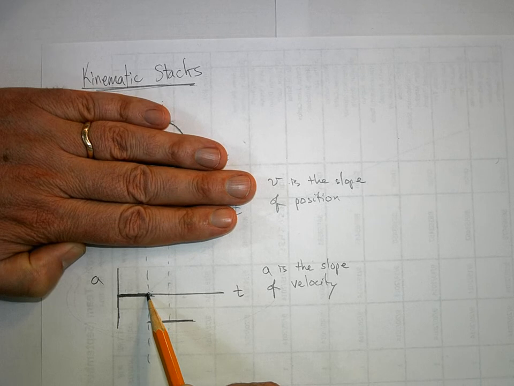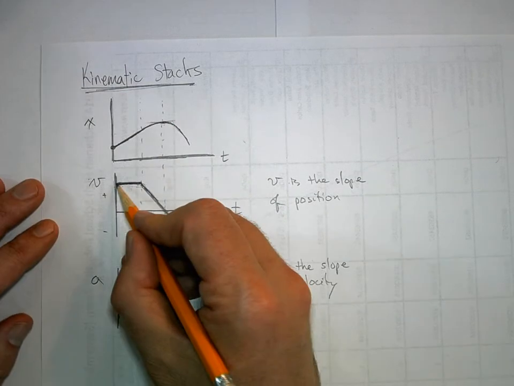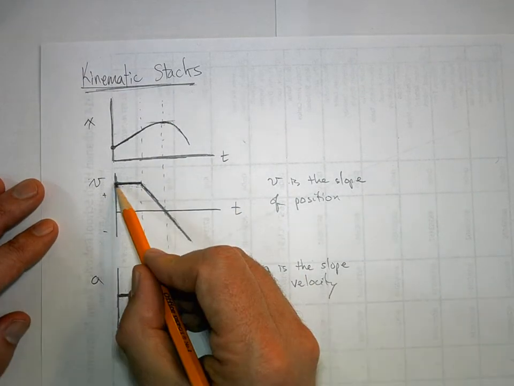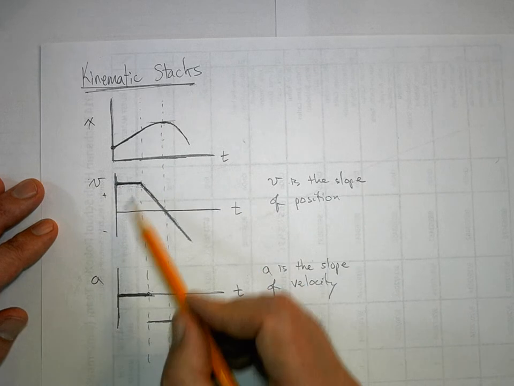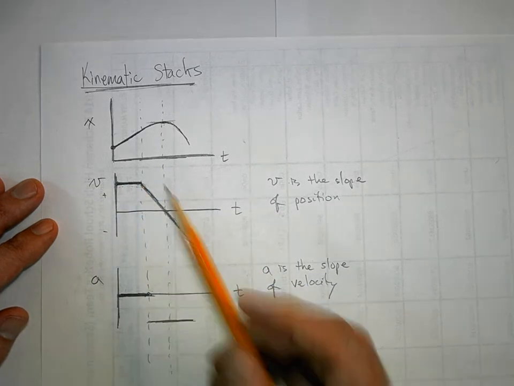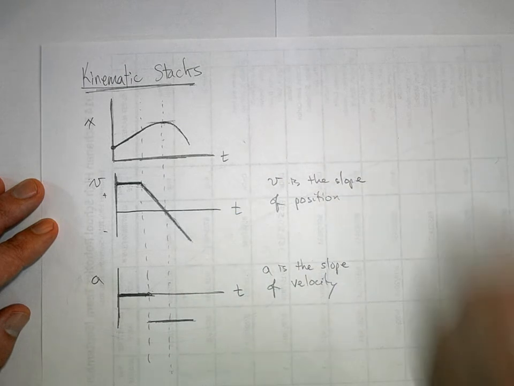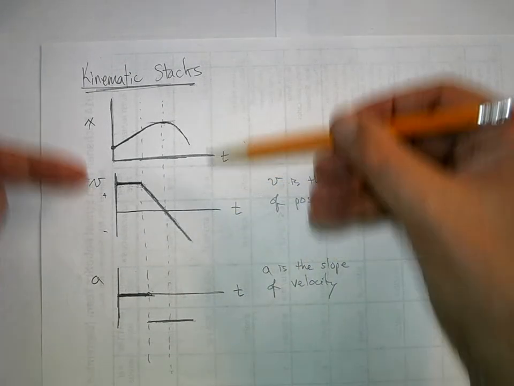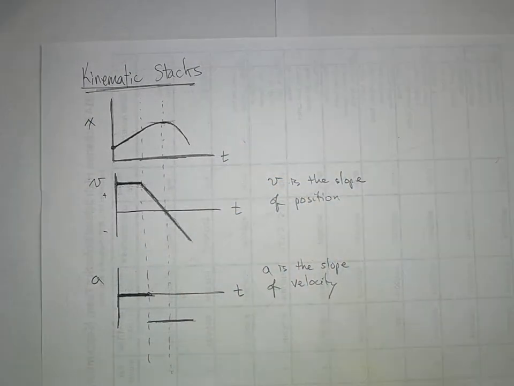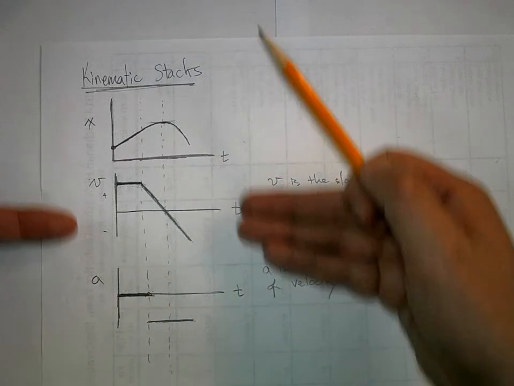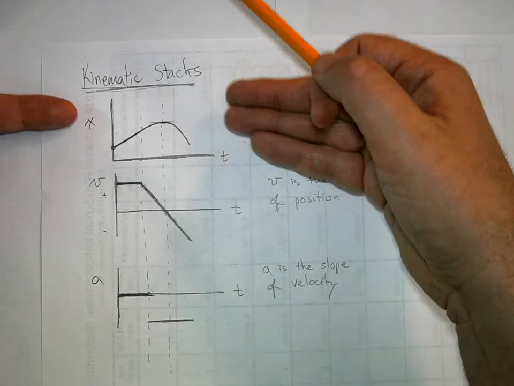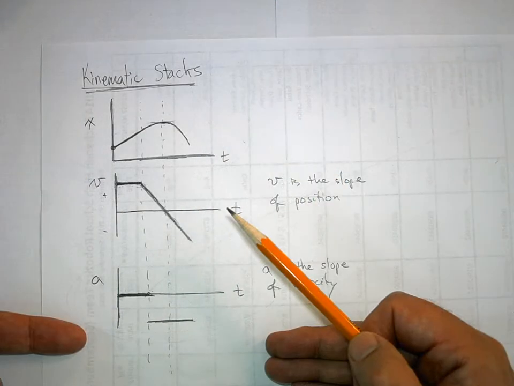So I would have to tell you. If I gave you this graph, I'd have to put a little dot right there and say, okay, your starting velocity is right here. And then you would say, oh, if I start right here, constant, and then, oh, negative slope. And then you go up to the next one. So you can go from the bottom up or from the top down.